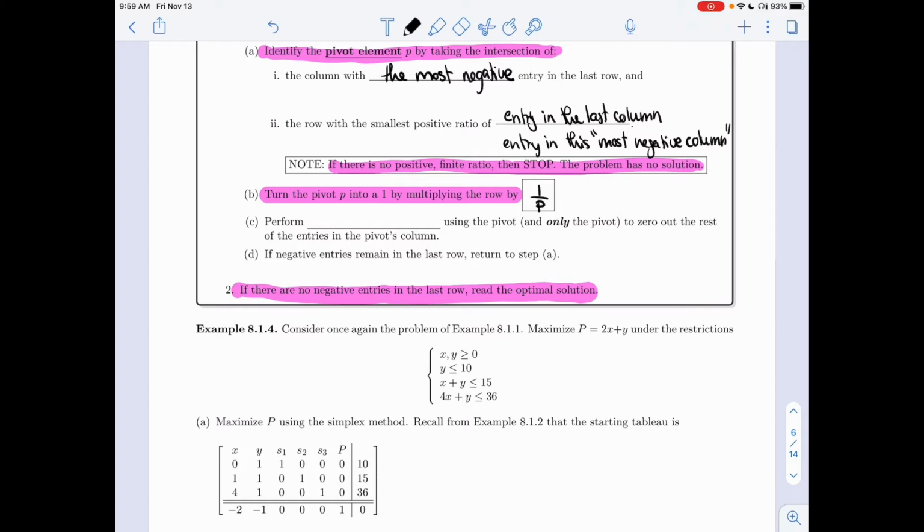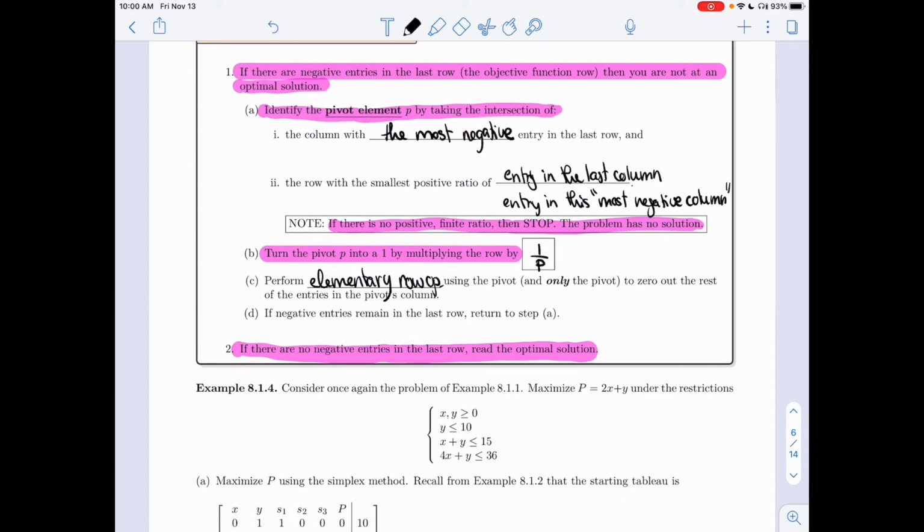So you perform elementary row operations using the pivot, and you're only allowed to use the pivot, otherwise you'll mess up the other columns, to zero out the rest of the entries in the pivot column. If negative entries remain in the last row, then you return to A and you keep going and you do A again and again and again until there are no negative entries, and then you can finally stop.